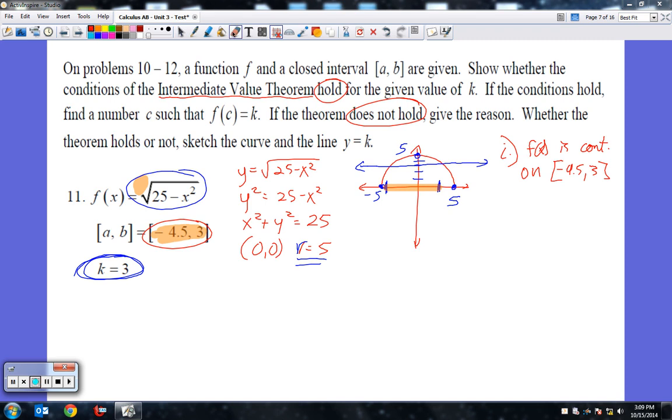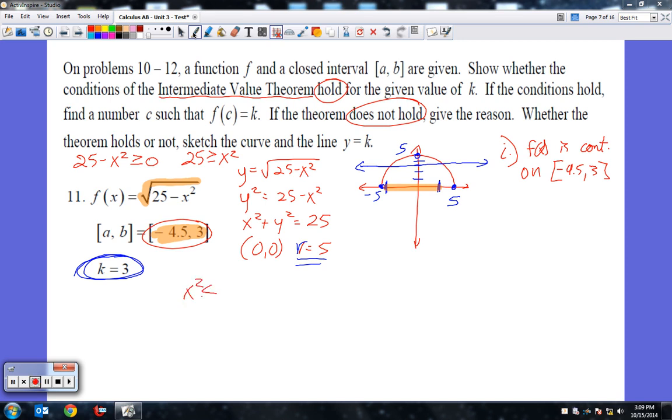Another way we could solve for this domain, remember when you have square root functions, you could just set the radicand, that's anything underneath the radical sign, greater than or equal to 0, and then solve for x. So 25 is greater than or equal to x squared.